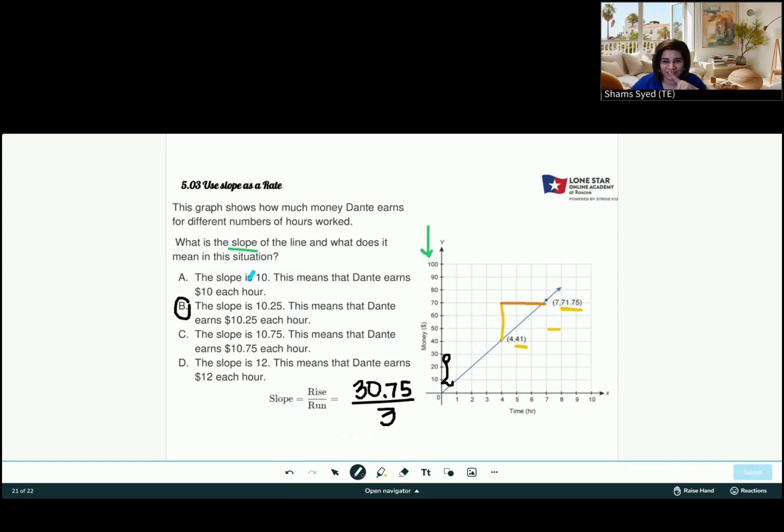I was confused. I was thinking maybe the answers are off. But the answers are very close to each other, and I had to look carefully. Looking carefully tells me the correct answer is going to be 10.25. 30 divided by 3, why is it 25 instead of 75?